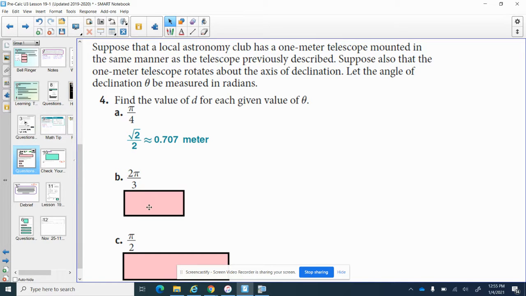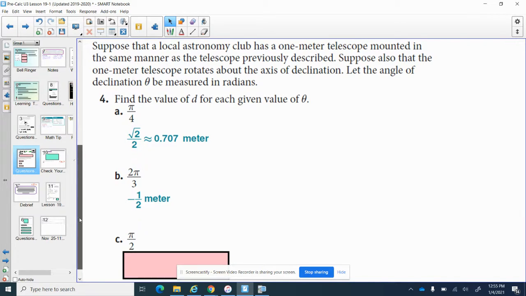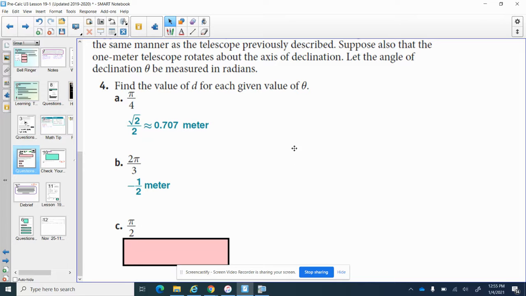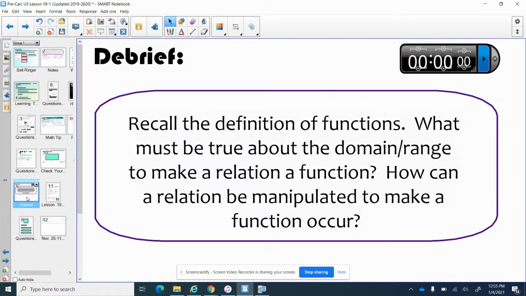Cosine of 2 pi over 3 is negative 1/2, negative 0.5. And pi over 2, the top point of the circle, gives us a cosine value of 0 meters because we are right on there. So again, going back to our unit circle in radians, we are looking for the value of d, going back to cosine around each of these values.